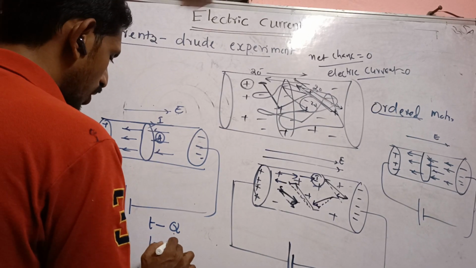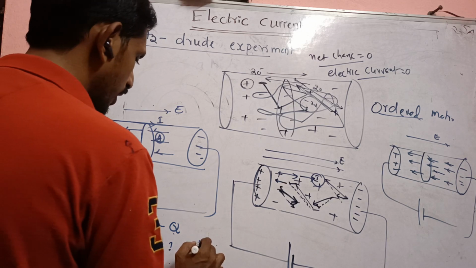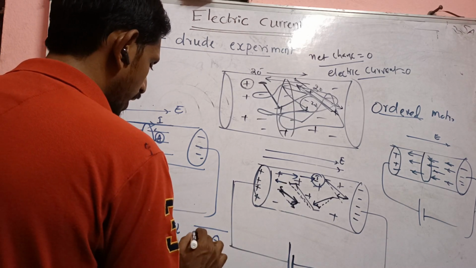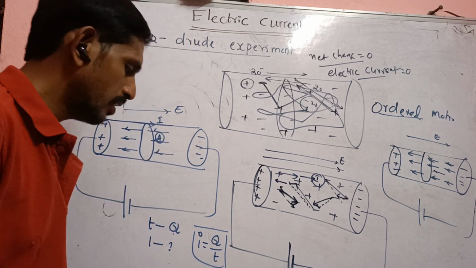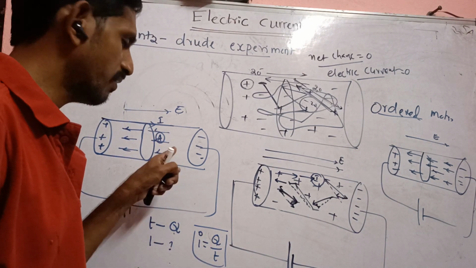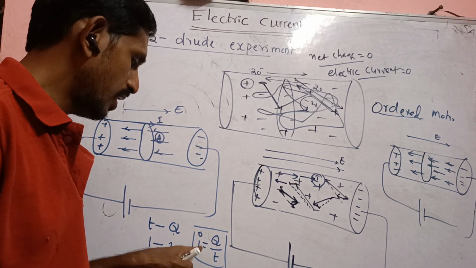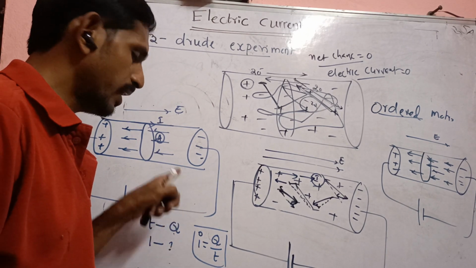In 1 second, the charge passing is what we call I is equal to Q by t. The charge passing any cross section of a conductor in 1 second is called the current through that conductor.